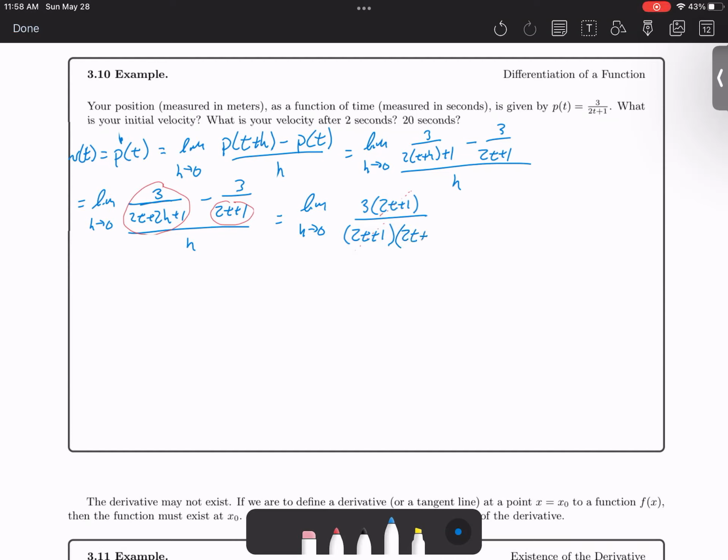The original denominator over there was 2t plus 2h plus 1. And we'll do the exact same thing. We'll give this fraction this denominator, top and bottom. So minus 3 times 2t plus 2h plus 1 over 2t plus 1, the original denominator, and the 2t plus 2h plus 1. So again, we didn't really change anything. All of this is still sitting on top of an h.